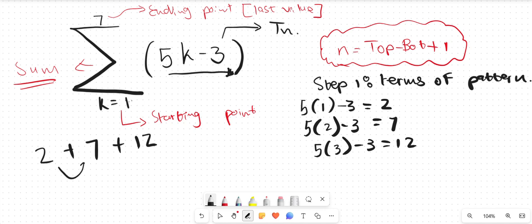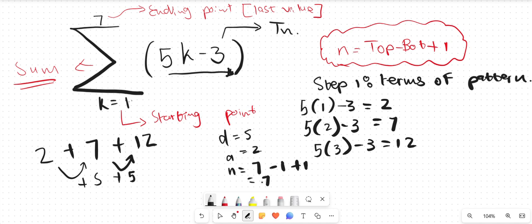So our d is a consistent 5 being added. Our d is equal to 5, our a is equal to 2, and for our n, we take the top, which is 7, minus the bottom, which is 1, and add 1. So our n in this case is equal to 7.